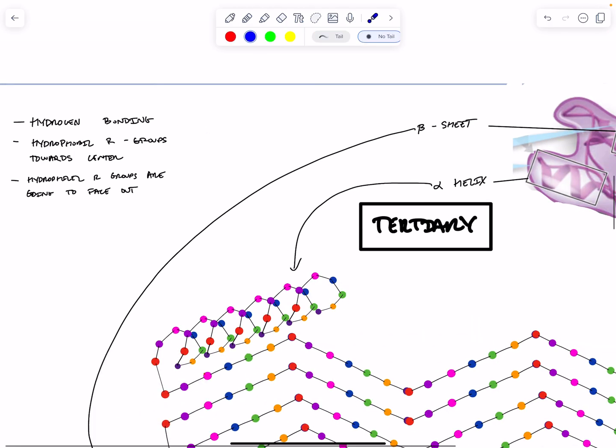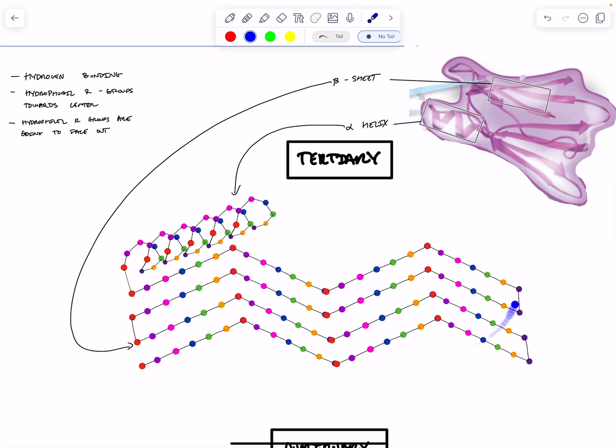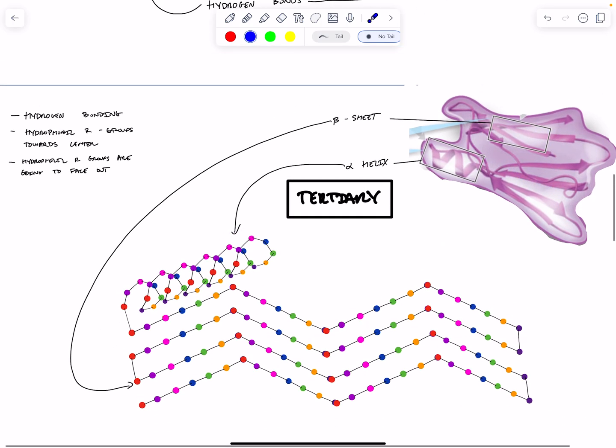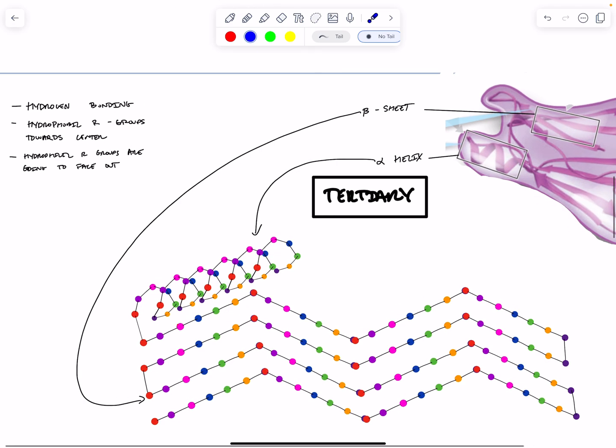So this hydrophobic interior and hydrophilic exterior also helps hold the overall tertiary structure in place. So hydrogen bonding, as well as these associations of hydrophobic interior and hydrophilic exterior, help hold together the shape.